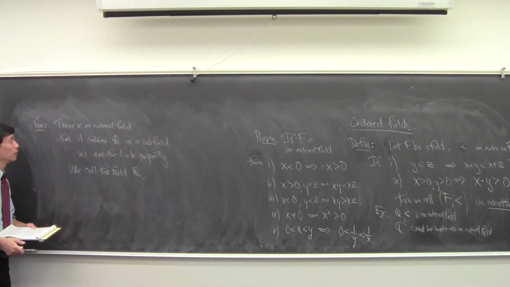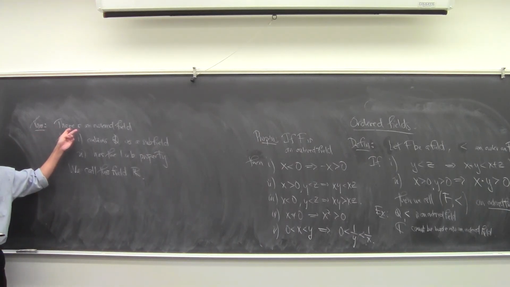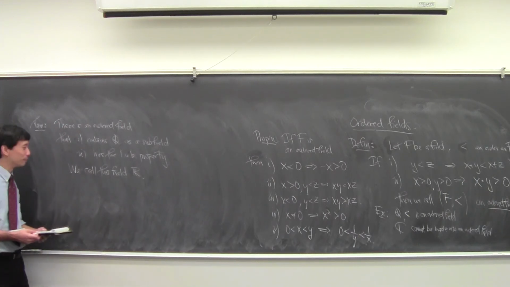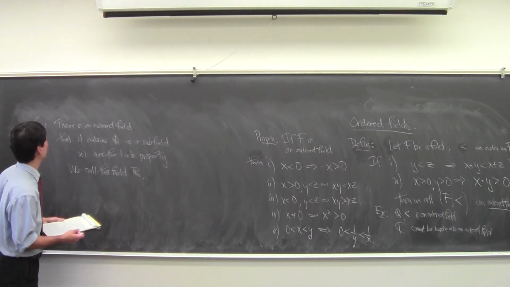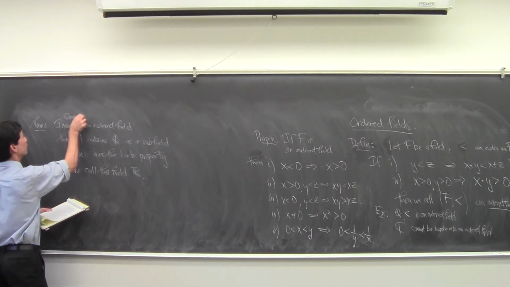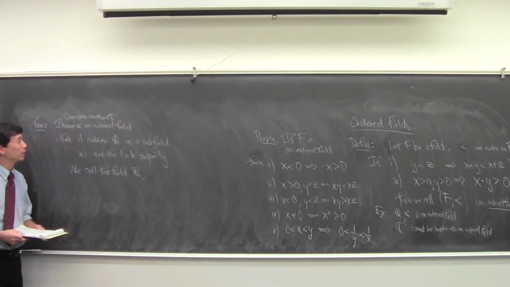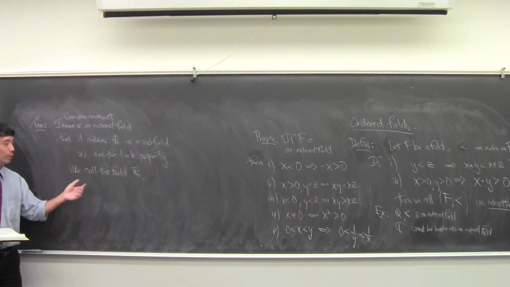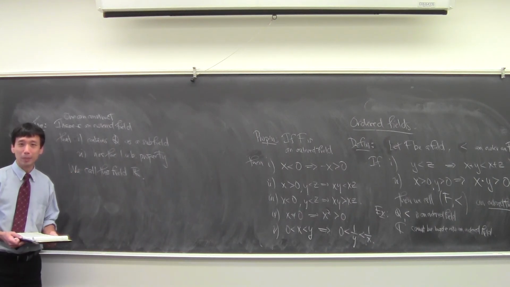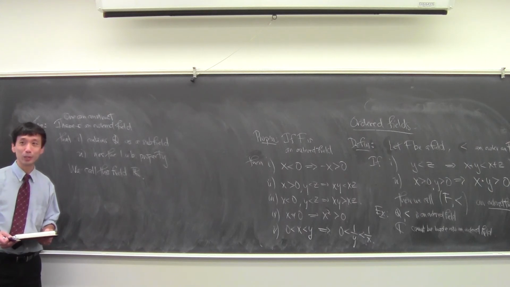Okay. You can construct a field using a method called the method of Dedekind cuts. I should say one can construct an ordered field that contains Q as a subfield and has the least upper bound property. This guy's called R. Seems like some of you have read the construction in the appendix.